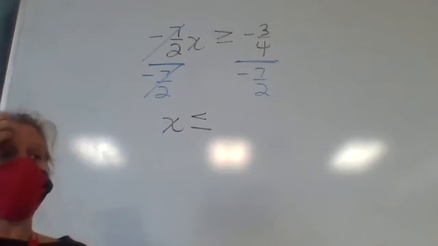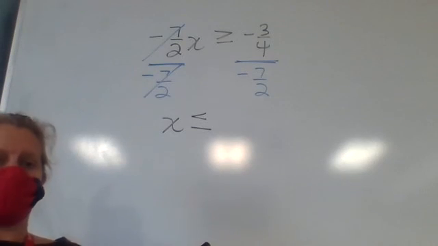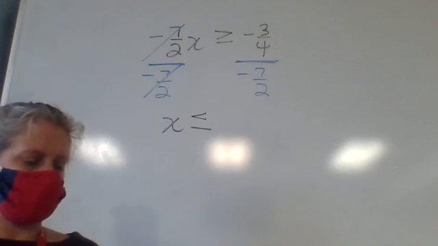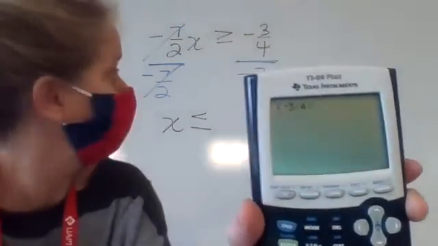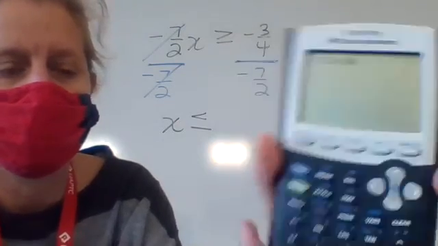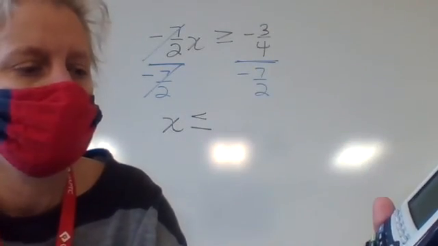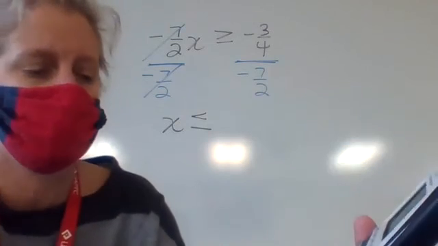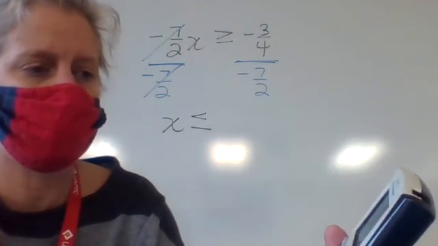Since it's division of fractions, I'm going to put each fraction in its own parenthesis. So I'm going to have open parentheses, negative 3 divided by 4, right? Because that's what's on top. Divided by, open parentheses again, negative 7 divided by 2, close.